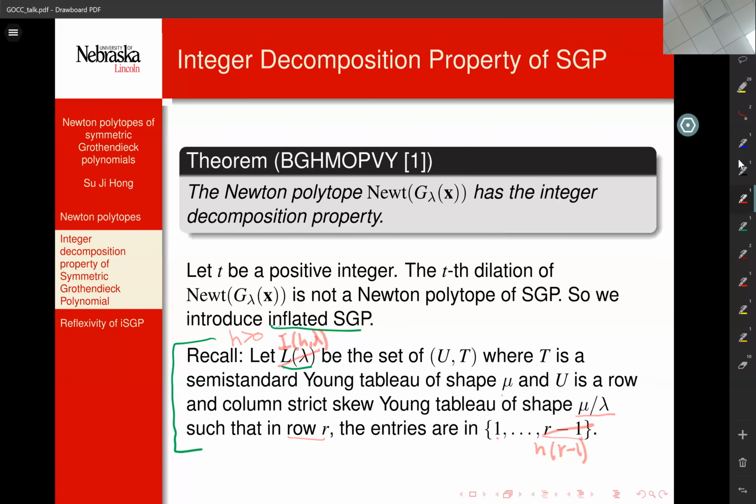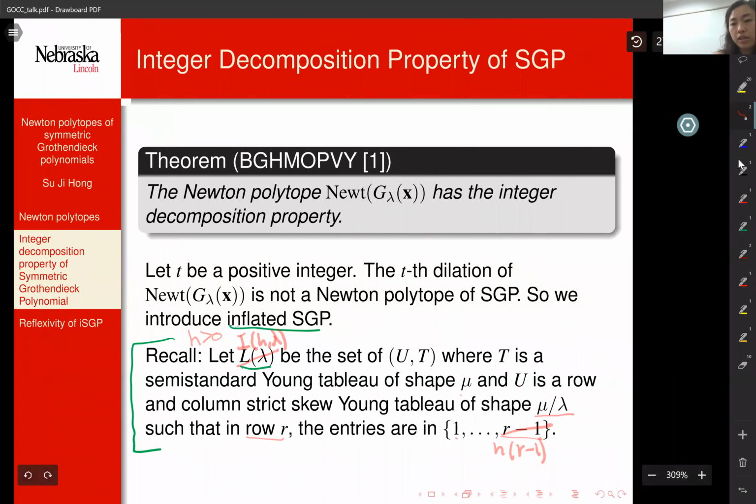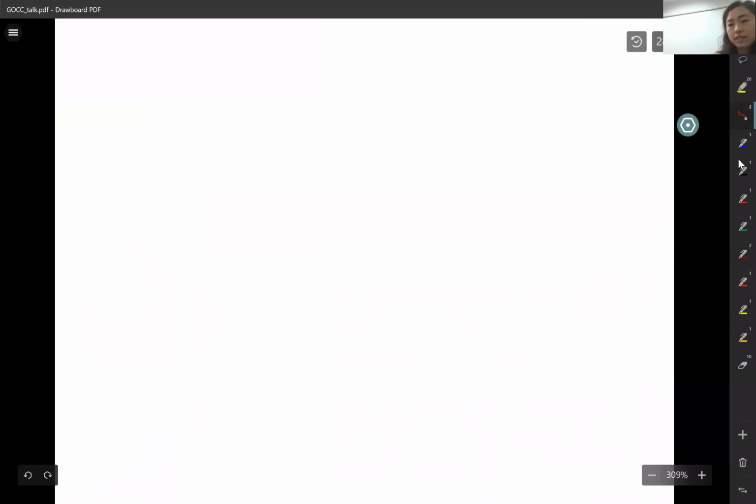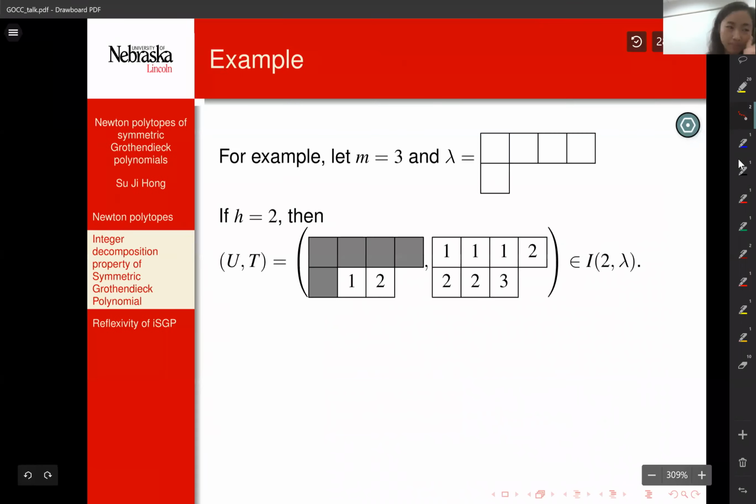So the inflated symmetric Grothendieck polynomial is very similar to just SGP, except we let each of these rows go up to H times R minus 1. So that's what this slide was about, but that was blank.